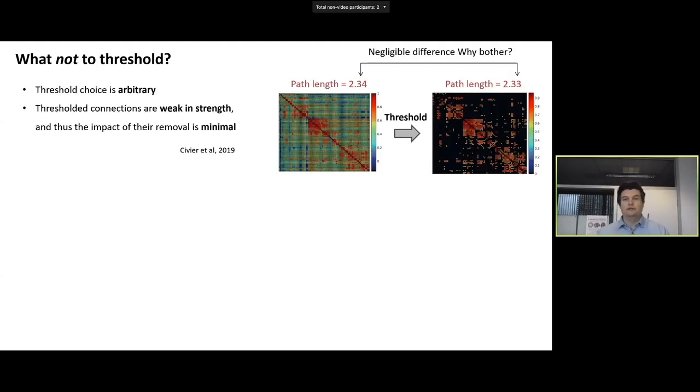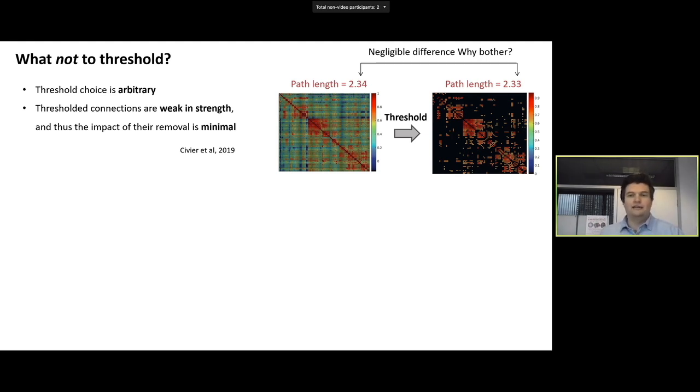Now, the counter argument is, you might want to consider why not to threshold. And as I said, thresholding is not an essential step. And some work by Sivia and colleagues has shown that first of all, the thresholding cutoff value is arbitrary, so should it be threshold at 10%, 20%, 30%? It's not clear, it's generally an arbitrary choice. Moreover, the argument that Sivia and colleagues make is that the connections that we throw away with thresholding are generally the weakest connections.